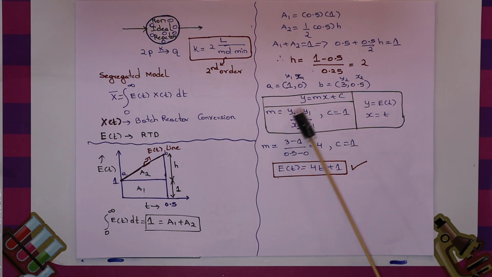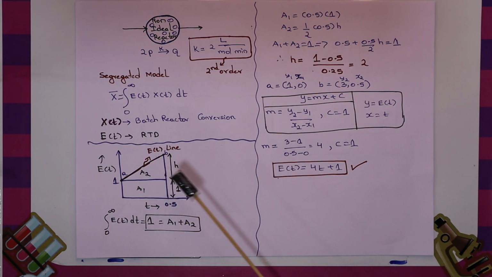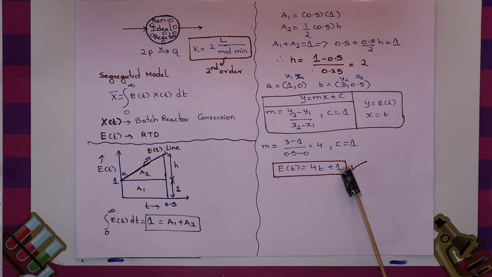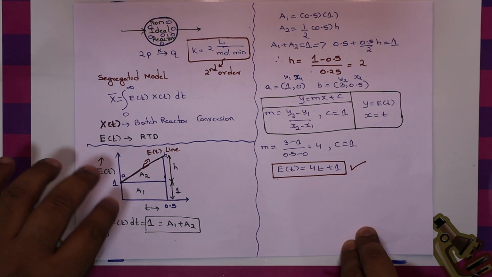What is m? (y2 minus y1) by (x2 minus x1). C, the intercept, is already given as 1. y is nothing but E of t and x is nothing but time. Once I calculate the slope, I get the equation for E of t, that is y equal to mx plus c, that is 4t plus 1. So I got the information about E of t, which I can plug into this particular equation.